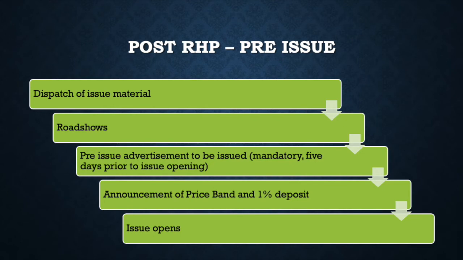So the merchant bankers will have all of these issue materials printed and dispatched to various brokers, to stock markets, to clearing houses, to depository participants, and so on and so forth. It will arrange for the issue to be made as widely known as possible, and it will make it easier for people to apply for these shares.